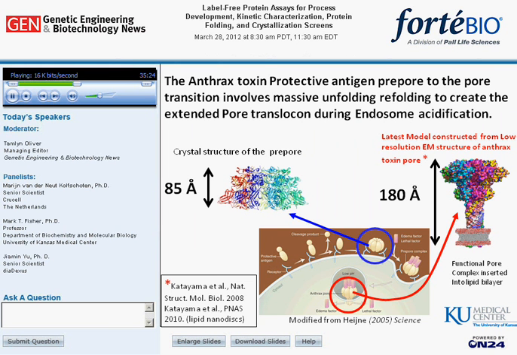In the endosome, under acidic conditions, the soluble form of the anthrax pre-pore protective antigen, shown on the left, transitions to a membrane-insertable form, shown on the right, to aid in the transport of lethal elements of the other two anthrax toxins into the cell. This transition of the pore structure results in an extremely large conformational change, from 85 angstroms to 180 angstroms.